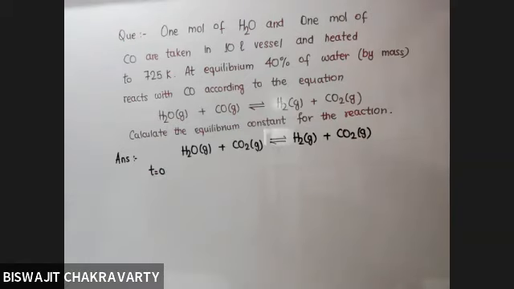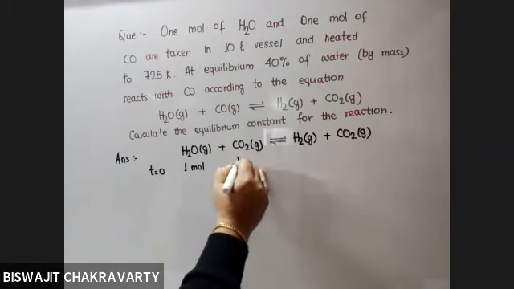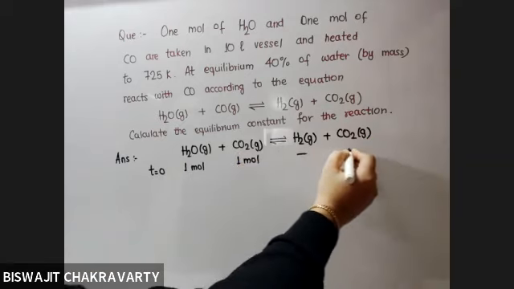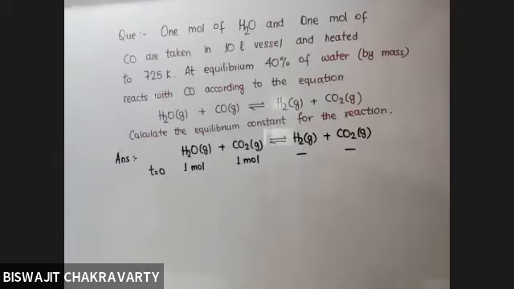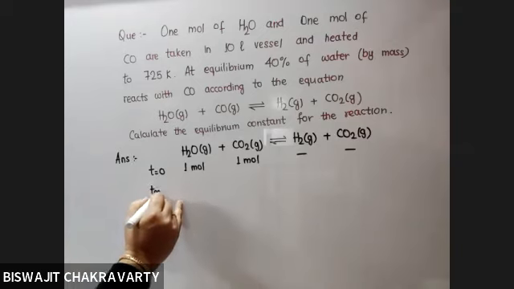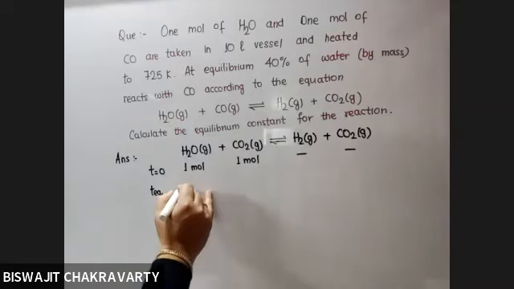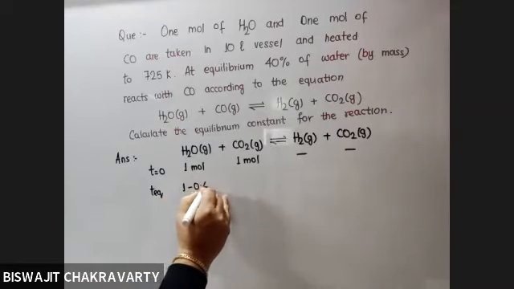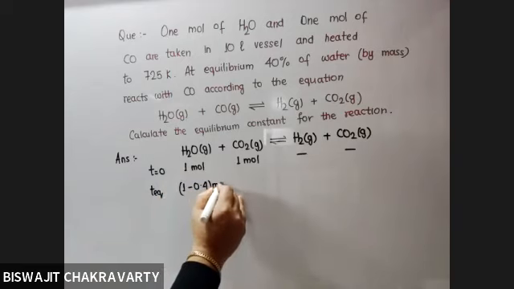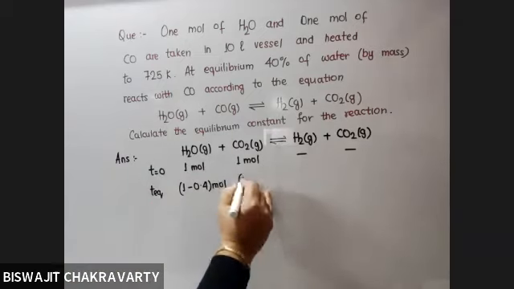At T equal to 0, when the reaction did not start, water was 1 mole, CO was 1 mole, and initially there was no product. At equilibrium, 40% of water, that is 1 mole or 40%, is 0.4. So if 0.4 mole of water reacts, 0.4 mole of CO will also react.